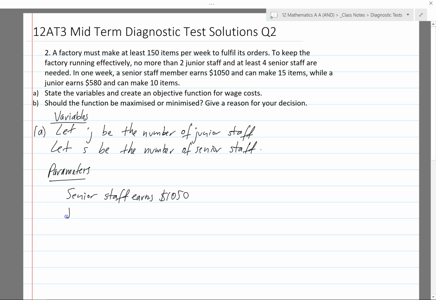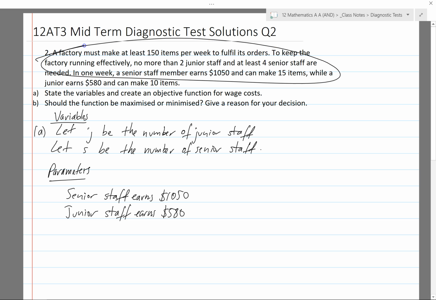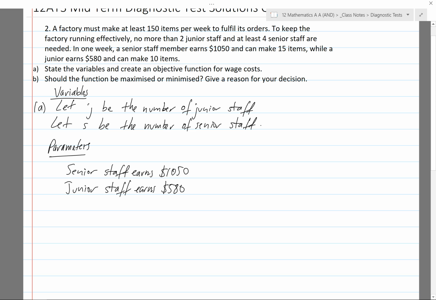And the junior earns 580. That's the only information in here that relates to wage costs. So I need to create an objective function for wage costs, which is basically a formula for the wage cost.